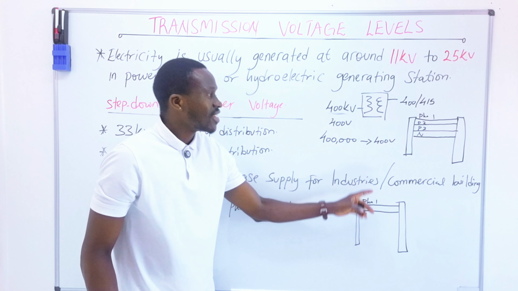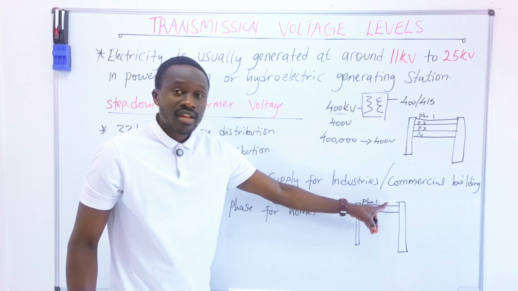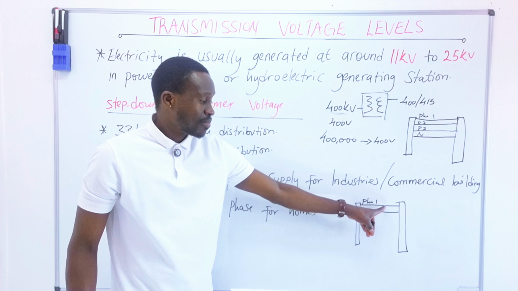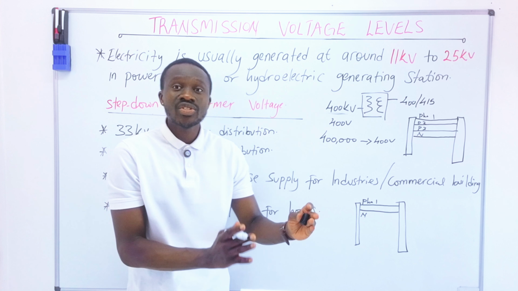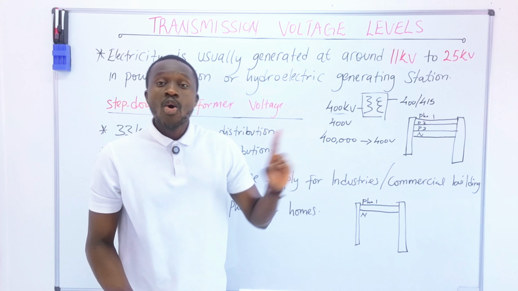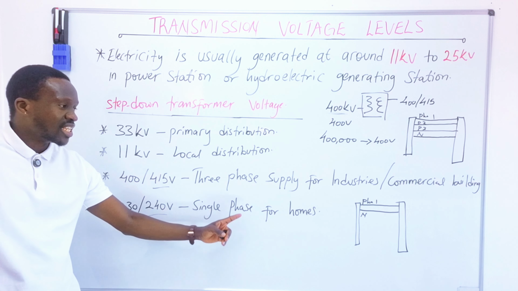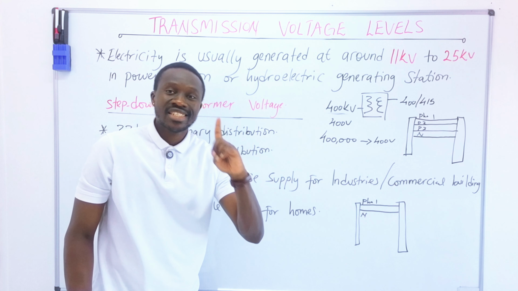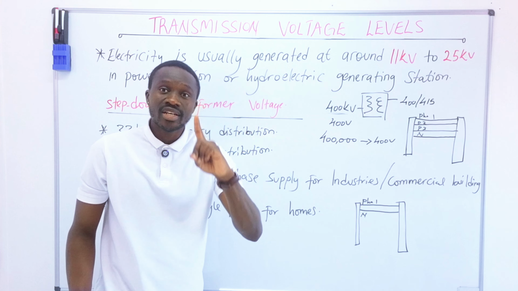Meaning here, this transformer has stepped down to one cable carrying live, which is the phase. Phase is the same as live. Another name for live is phase. Phase 1 or live 1. If we say single phase, it is just one. Single means one. Single phase or phase 1.